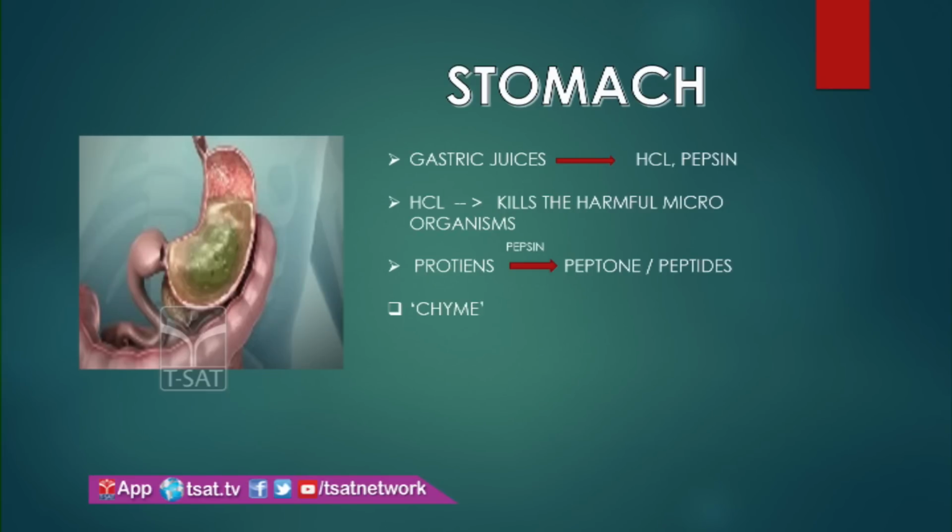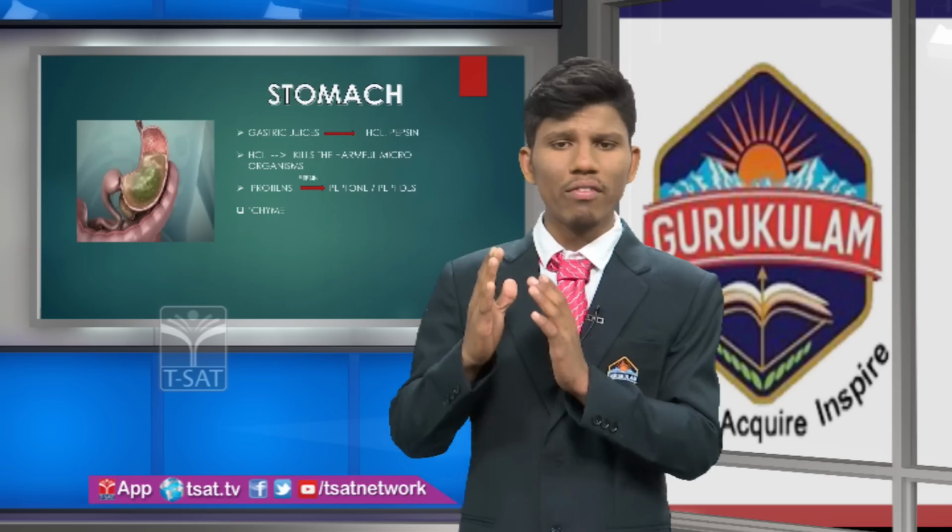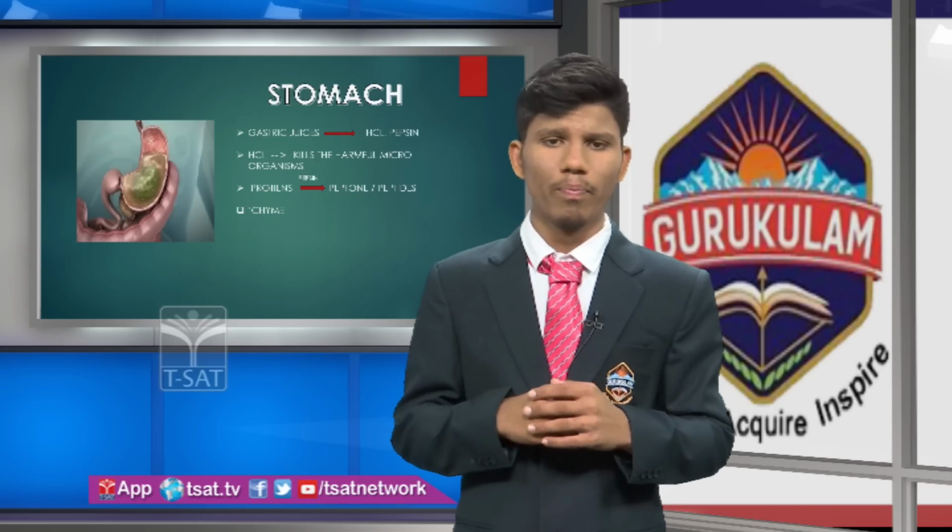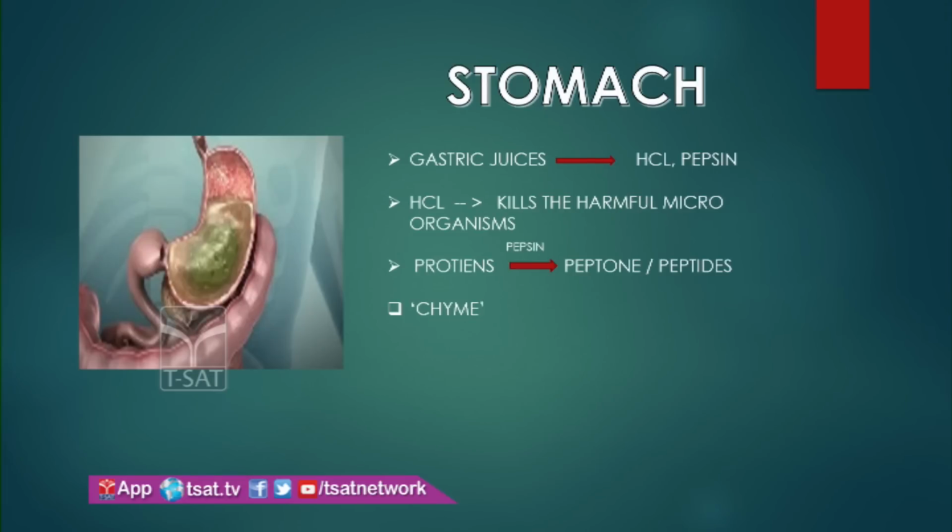That hydrochloric acid churns the food and kills the microscopic organisms which come along with the food, and the pepsin acts on proteins to convert them into peptones.